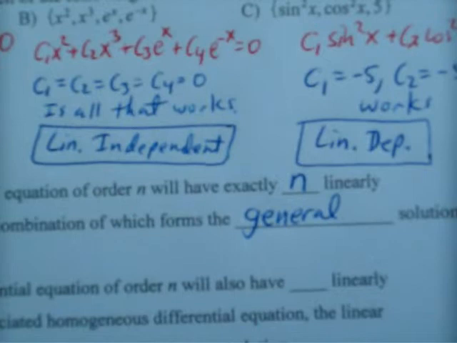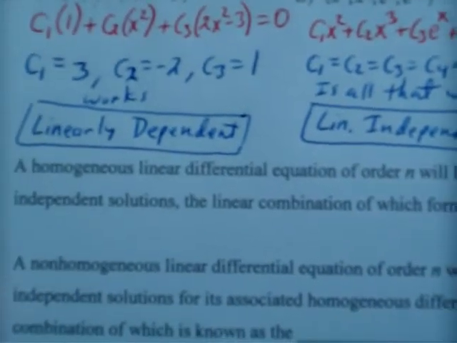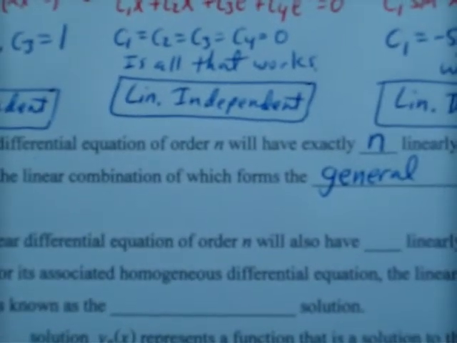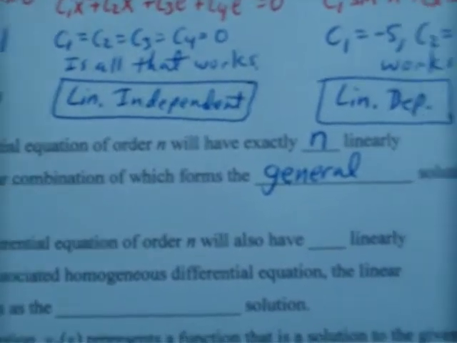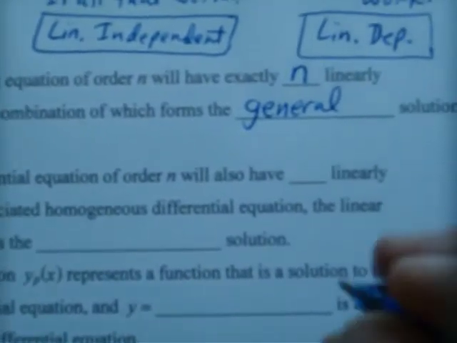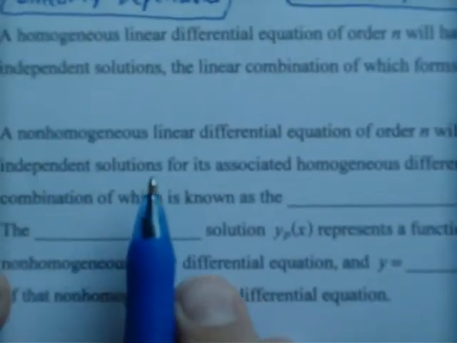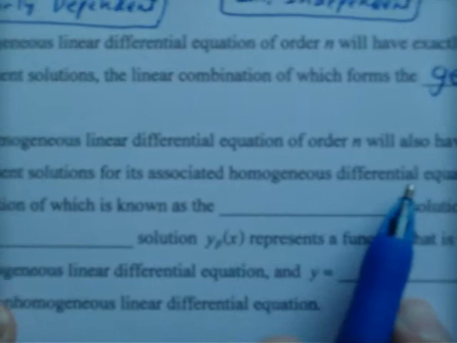We can say this is the general solution as long as we found all of the linearly independent functions that are solutions to it, and there are n of those. A non-homogeneous linear differential equation of order n will also have n linearly independent solutions for its associated homogeneous differential equation.